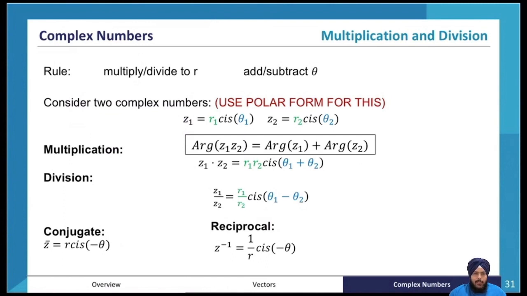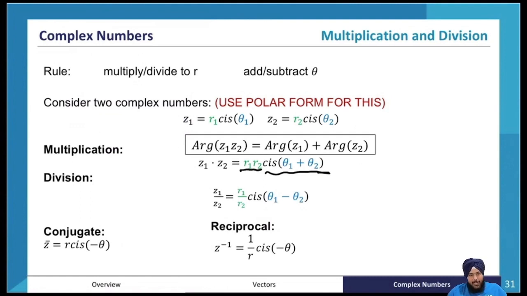All we need to do is multiply them. We multiply the magnitudes, and that becomes the new magnitude of the new complex number. And then we just add the angles. Be careful when adding or subtracting angles, taking note of whether the angle is positive or negative to begin with.